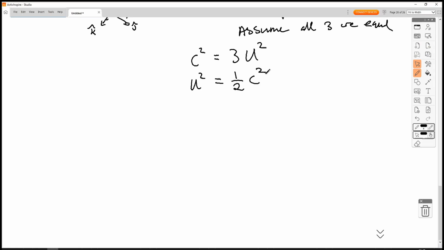Now if we substitute that back into our equation from above for pressure, we had PV equals nmu squared. And then we can make the substitution there for c squared. So we've got 1/3 nmc squared.